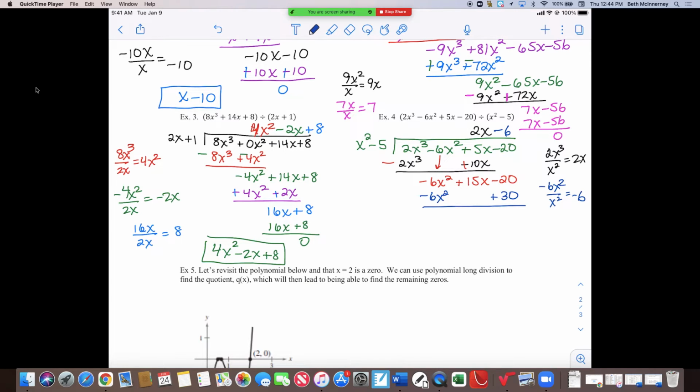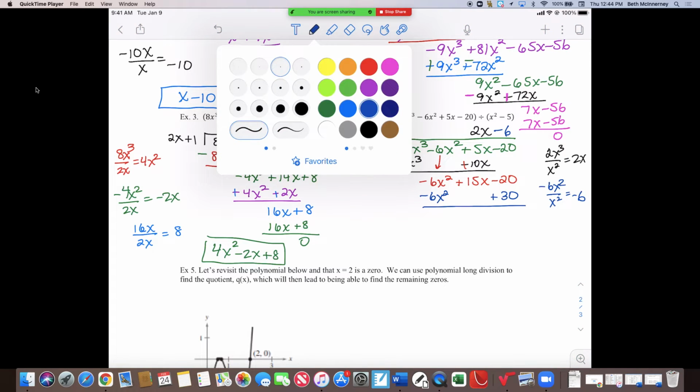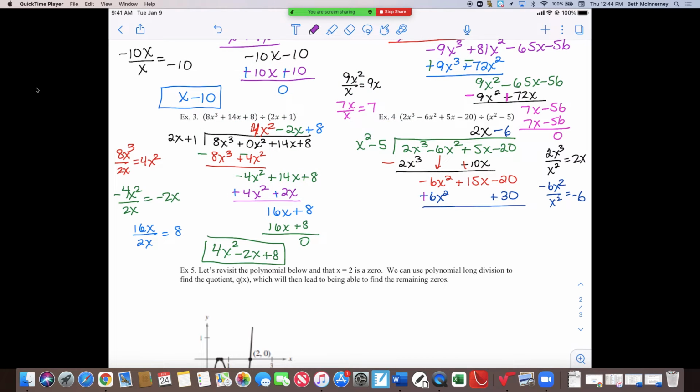All right, so now I'm going to change colors so we can see it. So I take the opposite and add, and I get a remainder of 15x minus 50. Now I can't go any further, right? Because x squared doesn't go into an x. That's how you know you're done. So now watch how you write your answer. This is our first time, and we'll do this more tomorrow. I'm going to get 2x minus 6 plus.